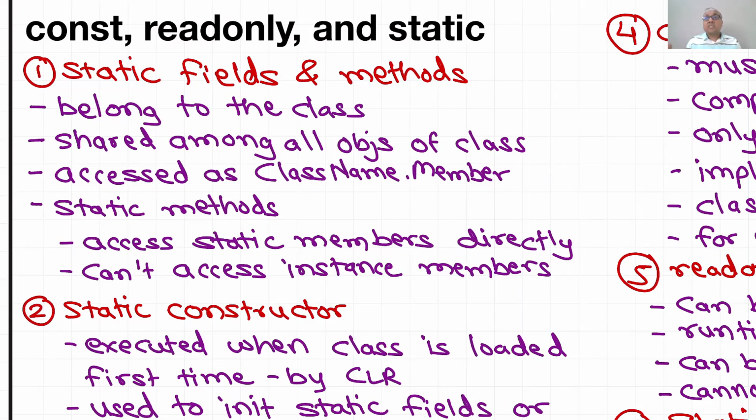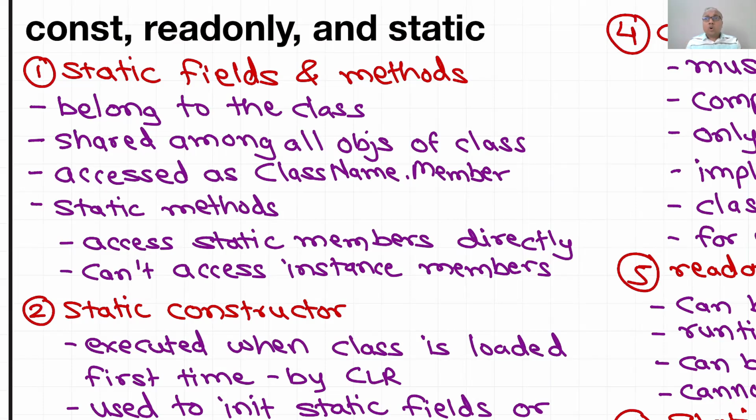Rather, there is a single copy of the static members, and that single copy is shared among all the objects of that class. Let me tell you that in VB.NET, there is the shared keyword instead of static. These members are always accessible using class name dot member name.